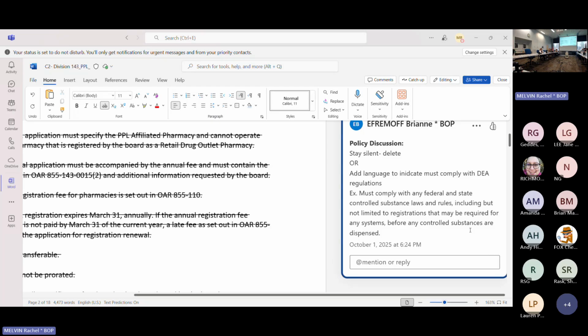This is going to be part of our retail pharmacy outlet requirements. Are there already rules in existence within that language that say must comply with federal DEA requirements? I want the licensee to still comply with federal and otherwise controlled substance laws and rules, but I don't know if it makes sense to necessarily call it out specifically here.